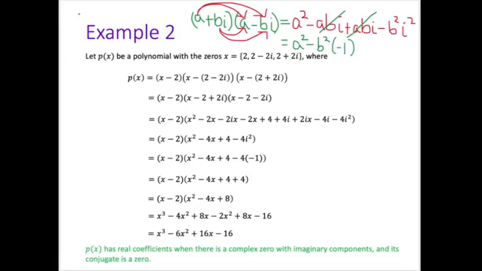I'll write that over here as a reference. When we simplify, we get a squared, and minus minus gives you plus b squared. So no longer do we have the imaginary component. Whenever you multiply by the conjugate, the imaginary component disappears.